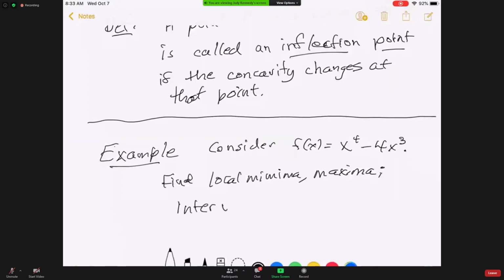Intervals where f is decreasing and increasing. That's first derivative stuff.